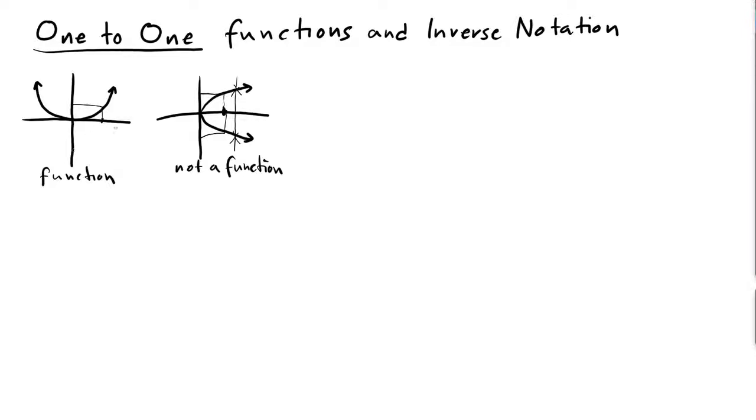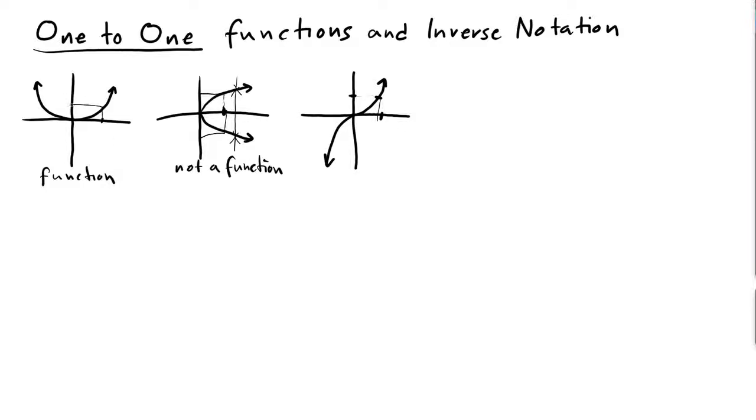Now, if we swap that around and look at the y values, if in addition to this I have that every y corresponds to only one x, then I have a function that's one-to-one. I have to get away from a parabola now, but if I look at something like this, each of those y values corresponds to only one x value.